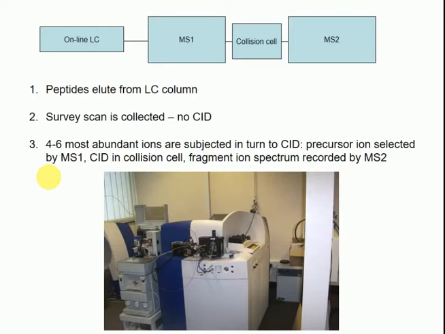And then that survey scan will show that a number of peptides are eluting. It could be 2, could be 10. But we have to make a decision, and the decision we make is that the 4 to 6 most abundant peaks are then fragmented in turn.